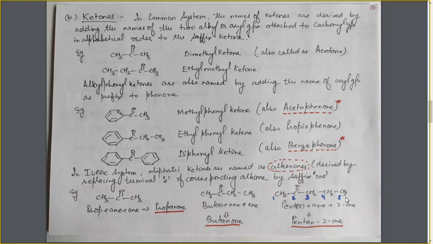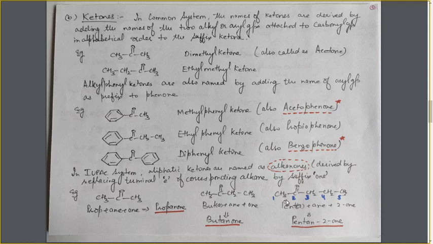Next, in this case there are 5 carbon atoms. For 5 carbon atoms the root word is pent, and as the chain is saturated, the primary suffix will be ane, and for the functional group it is one. Here the position of the functional group will also be shown.